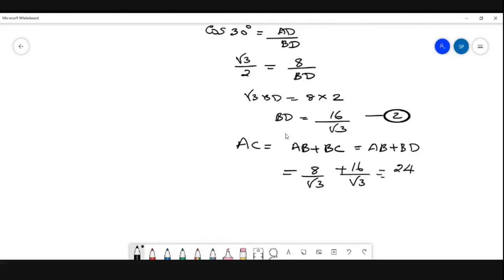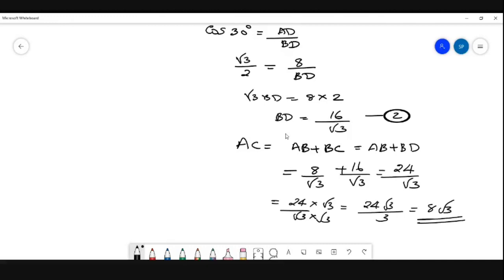Denominators are same, so you can add the numerators: 24 by root 3. Can rationalize the denominator, that is 24 by root 3 into root 3. Numerator and denominator multiplied with root 3, we get 24 root 3 by 3, that is equal to 8 root 3, or it is 8 into 1.73.